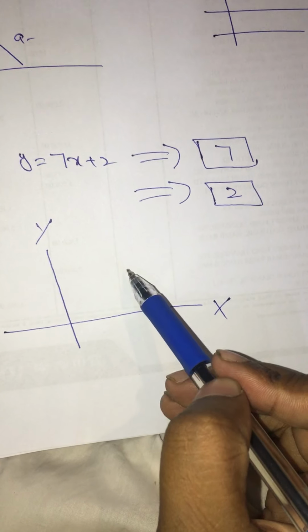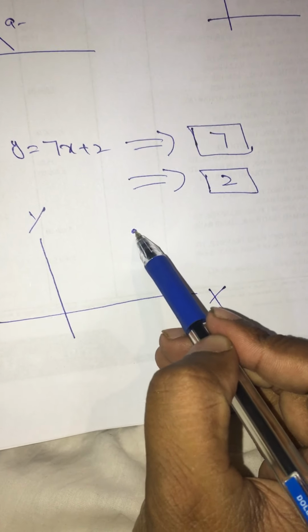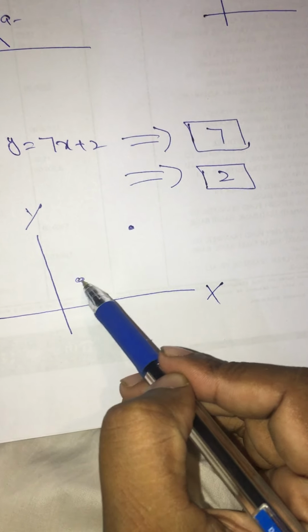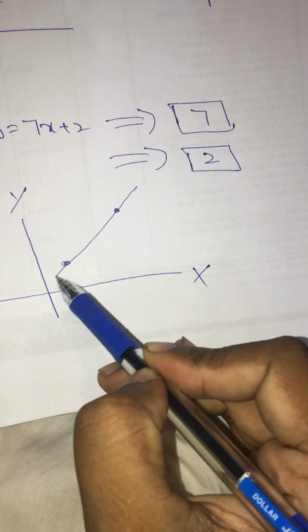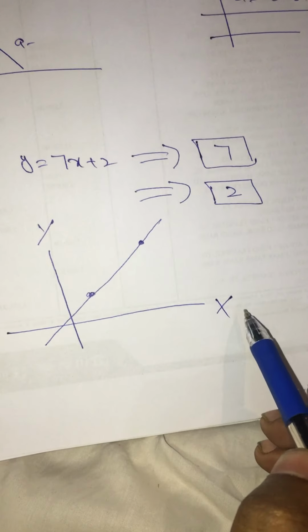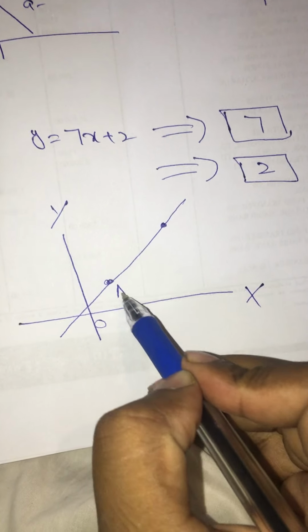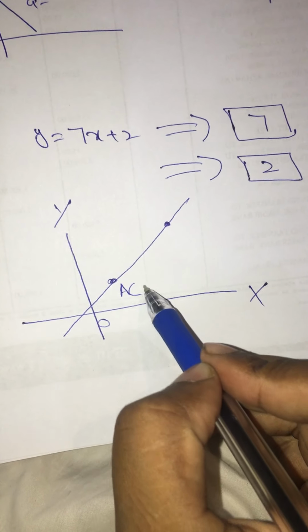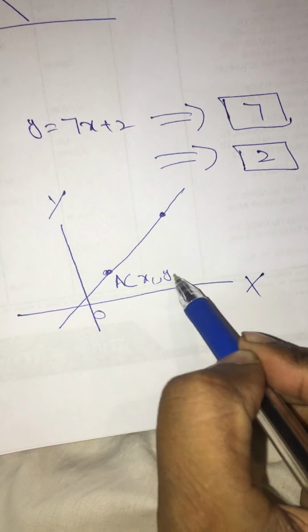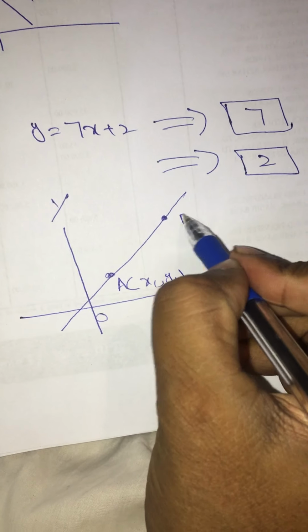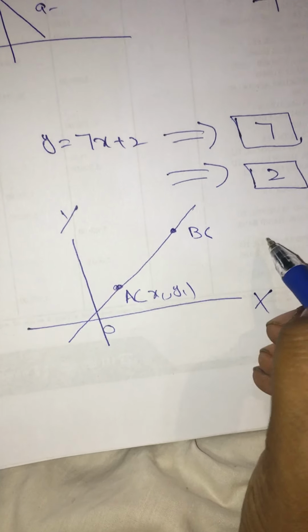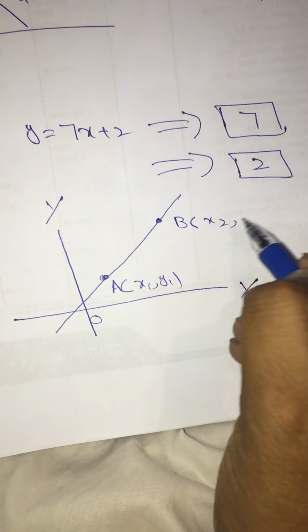This is one point and this is our second point, and a line is passing through these points. And this is the origin. Let's suppose this is point A, x1 and y1, and this is point B, x2 and y2.